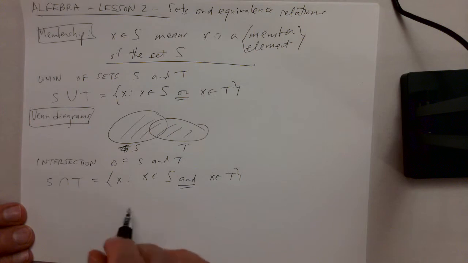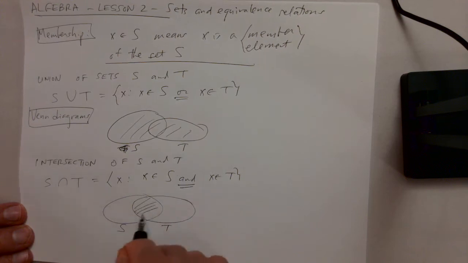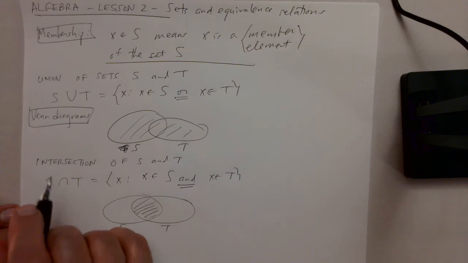And again, the picture is this is S and this is T. And the elements that belong to both, those are the elements in the intersection.